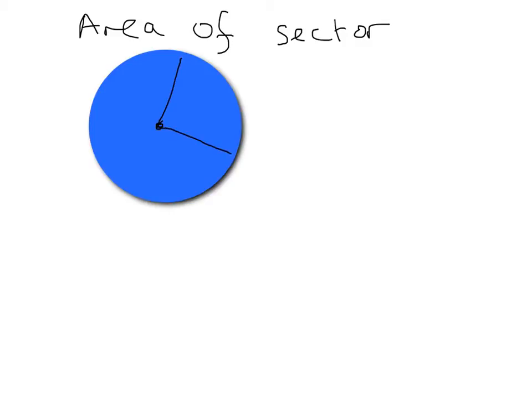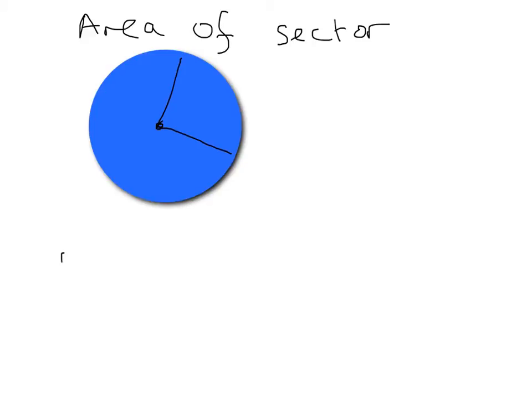Okay, so now let's look at the area of a sector. There's the centre. If you're finding the area of a sector, what you would do with degrees, first of all, let's recap that from GCSE.